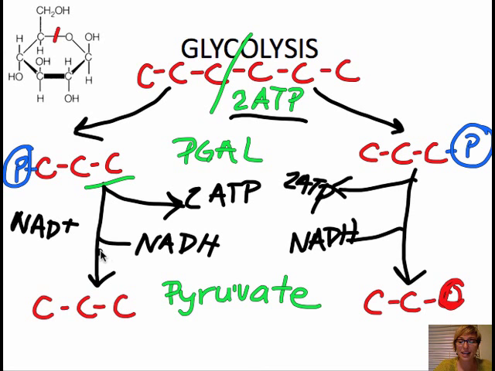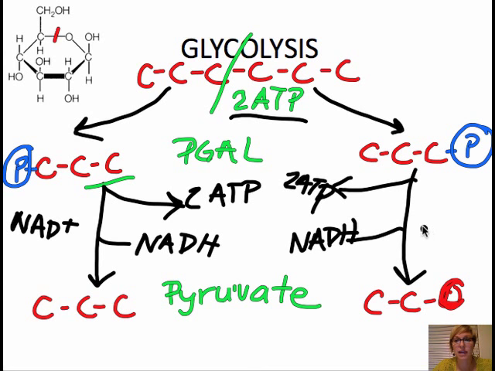So that is glycolysis. In summary, we start off with 6 carbon glucose. We have to put in 2 ATP in order to break this apart. Once we break this apart, we get 2 molecules of PGAL, which is phosphoglyceraldehyde, essentially phosphorylated glyceraldehyde.